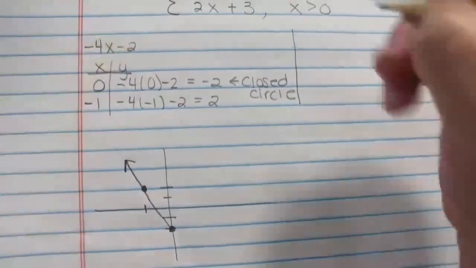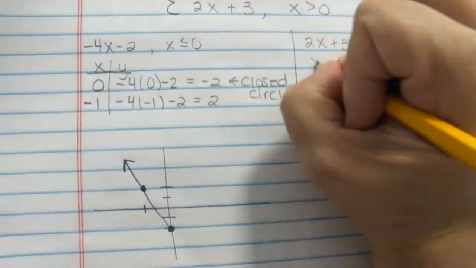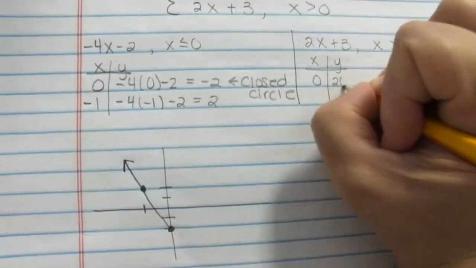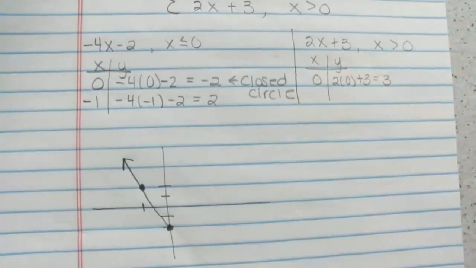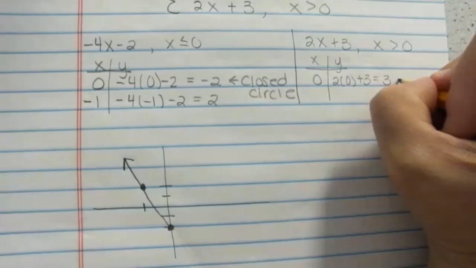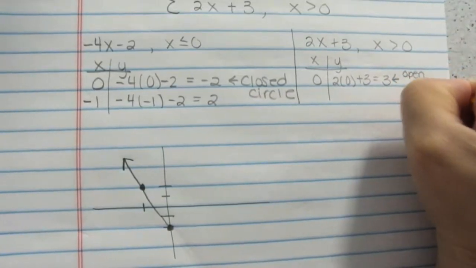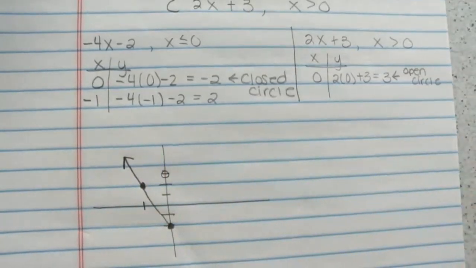I'm going to do the same thing for the next piece, which is 2x + 3, for when x is greater than 0. Again, I want to make sure to have that endpoint, so I plug in 0. 2 times 0 plus 3 is 3. Because it's just greater than, not or equals to, this is going to be an open circle. So my other piece is at 0, 3, open circle.